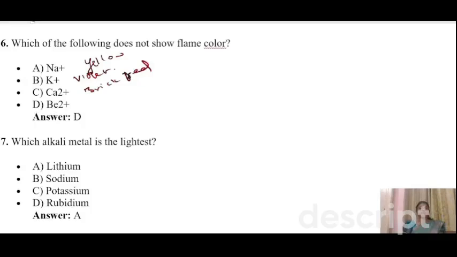The only element which does not show flame color is beryllium and its ion, Be2+. So the answer is D.